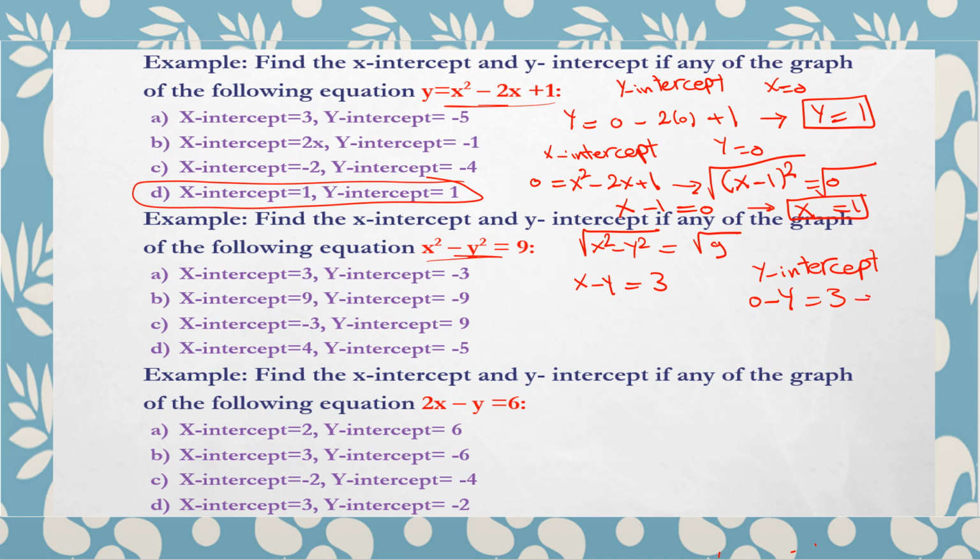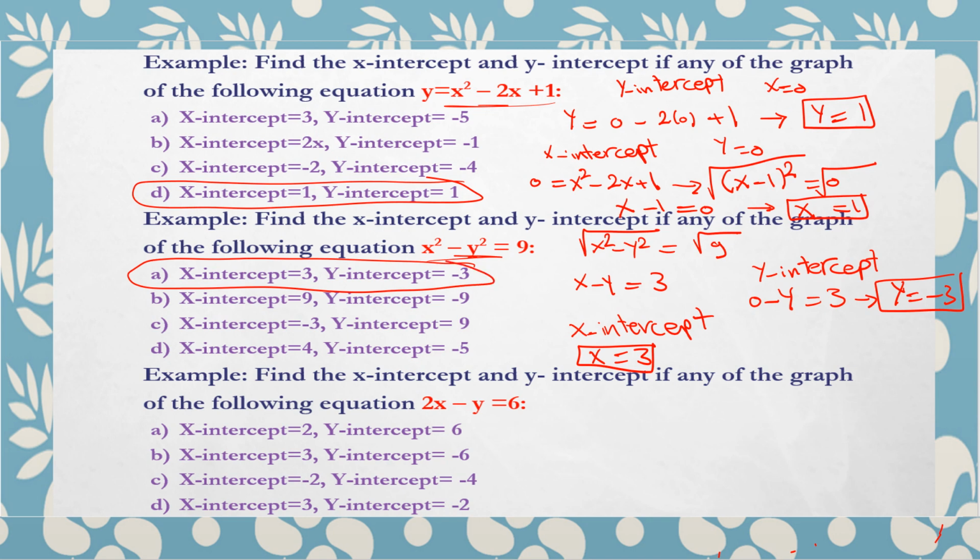Then y equals minus 3. And for the x-intercept, we set y equals 0, so x equals 3. And the correct answer is A.